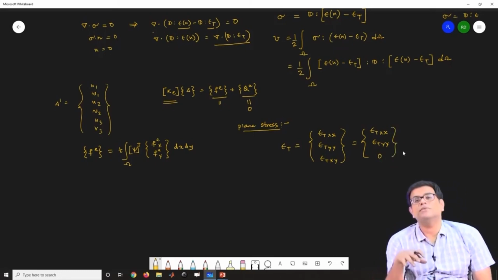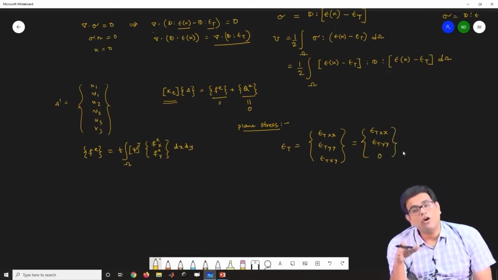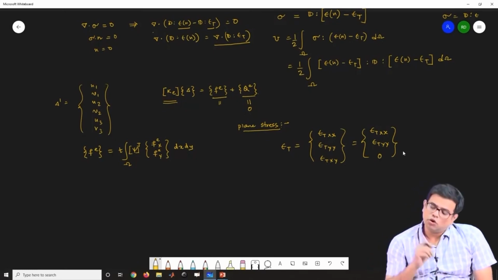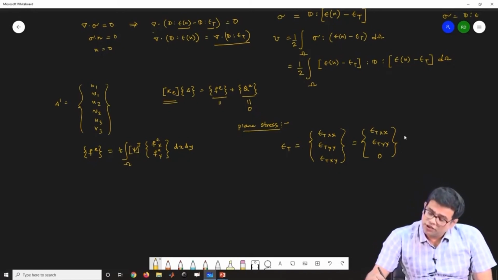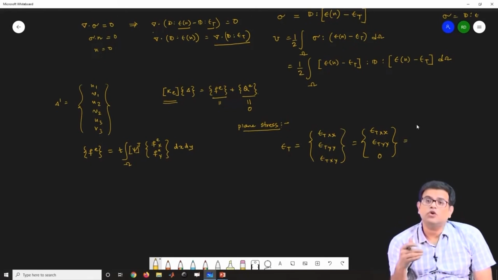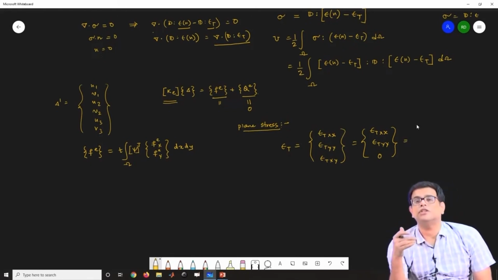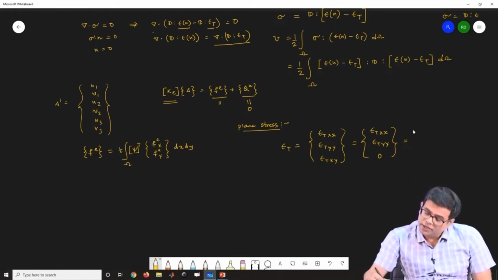Now the thermal strain along the x direction is just the coefficient of thermal expansion multiplied by the change in temperature, so alpha into delta T. If I assume the same coefficient of thermal expansion in the y direction also, which is the case for isotropic material, then we can write alpha T times 1, 1, 0.